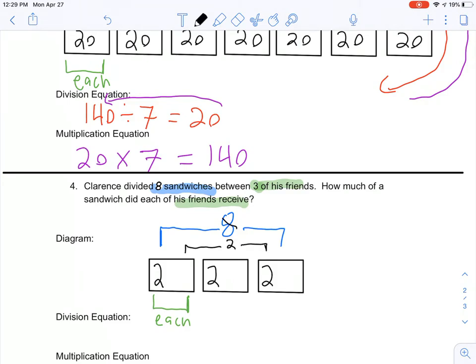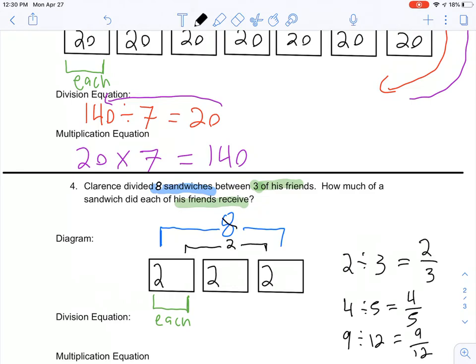So what's 2 divided by 3? 2 divided by 3 groups. Now, if you see a 2 divided by 3, all you have to do is take those numbers and stack them. 2 divided by 3 equals 2/3. Just like 4 divided by 5 equals 4/5, and 9 divided by 12 equals 9/12.